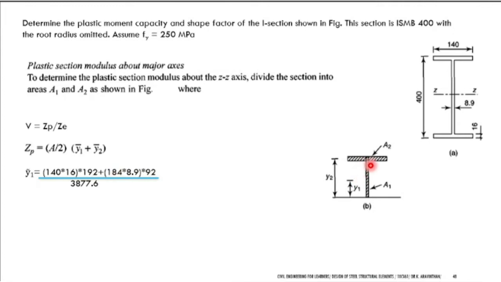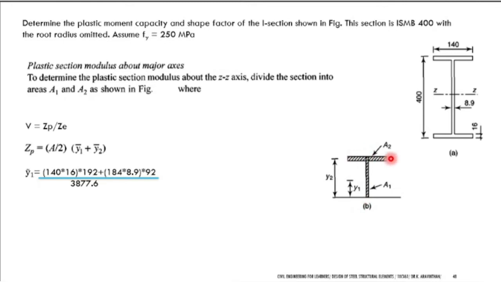This is the second rectangle. 184 is the depth, and the breadth is given as 8.9. So 184 into 8.9 is written here. Then what are 192 and 92? This is the distance from the equal area axis to the individual centroid. Where will the centroid be for the first section?